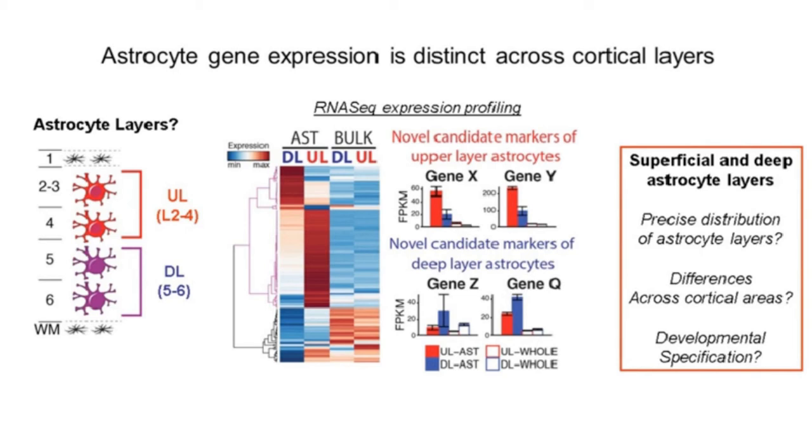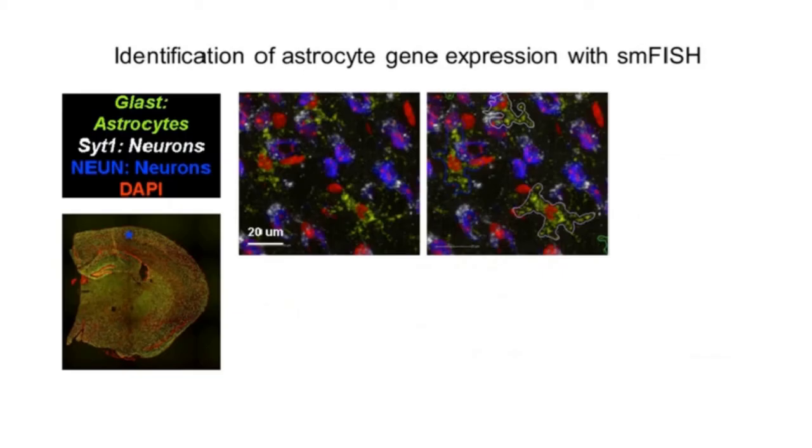Are astrocytes intrinsically programmed to be different, or is their heterogeneity specified by external cues, such as from layer neurons? So all of these are very interesting questions to me, and for the interest of time, I'll only focus on the first question, which is mapping the precise distribution of astrocyte layers.